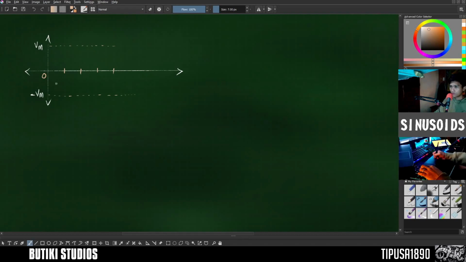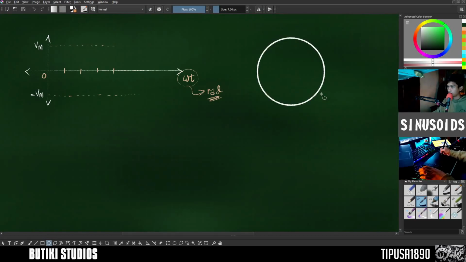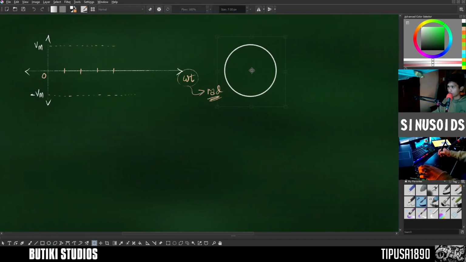So starting at 0, and then we will say with respect to omega t, no? When you say omega t, that is in radian. That is your argument. Angle na siya. So in radian, mag-drawing na dayon ta og circle. So I have drawn here this thing.